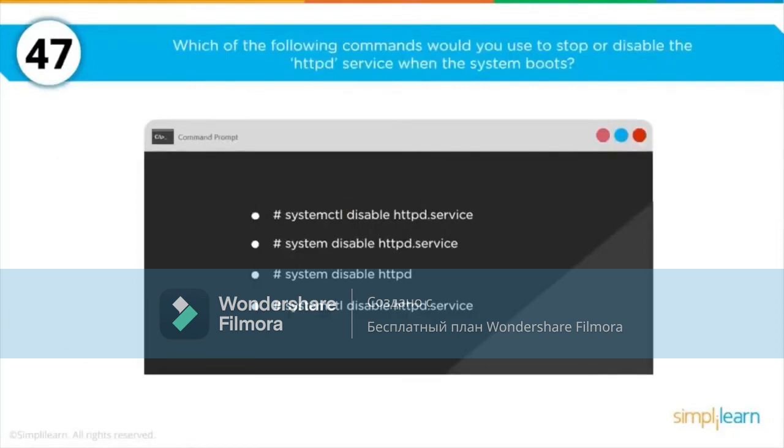Which of the following commands would you use to stop or disable the HTTP service when the system boots? And you'll typically get 4 responses, and there'll be hashtag systemctl disable HTTPD dot service, or is it system disable HTTP dot service, system disable HTTPD, disable HTTP dot service.